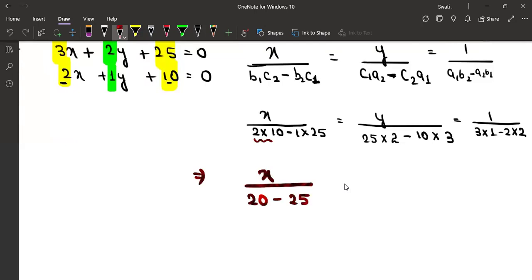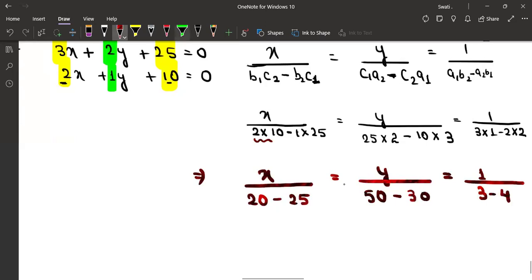Next, you tell me what should I write? Y upon, equals y upon 25 into 2 will be 50. Very good. Minus 30, correct, is equal to 1 upon, 3 upon 3 minus 4. Correct. Next step.